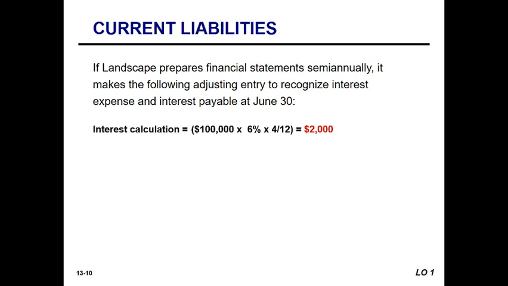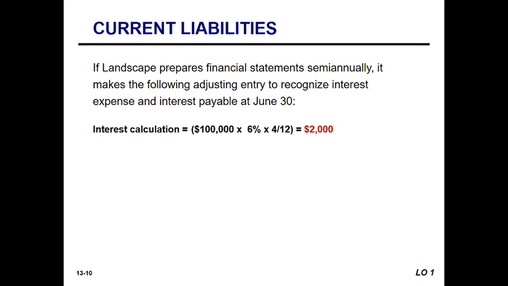So to calculate interest, we start with principal. We multiply that by the interest percentage. So this is 100,000 multiplied by 6%. And then we multiply that by the fraction of time it applies to. So this is 4/12 of a year because when you are given an interest amount, that is an APR, an annual percentage rate.